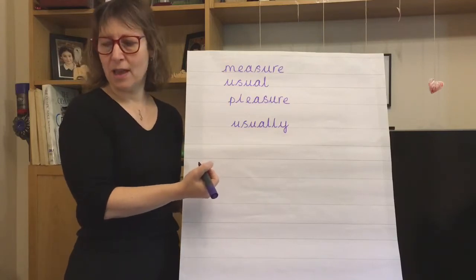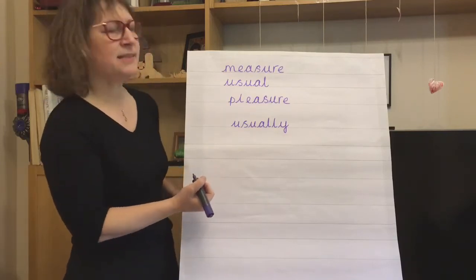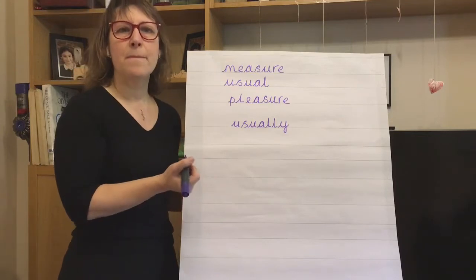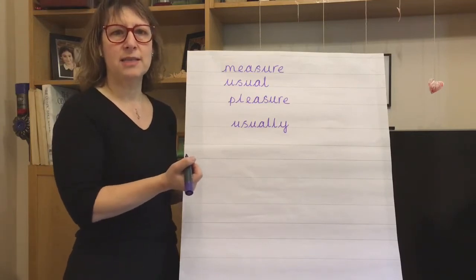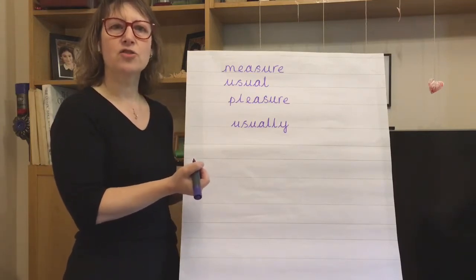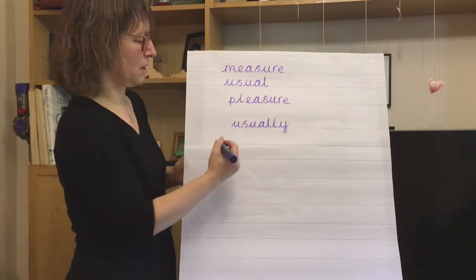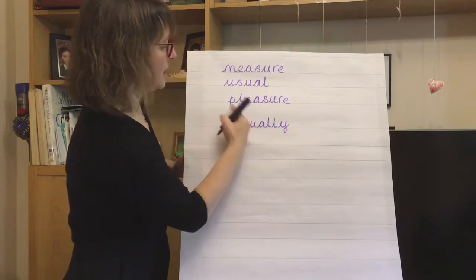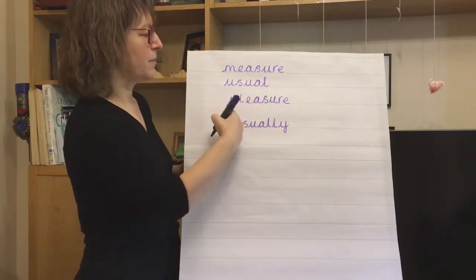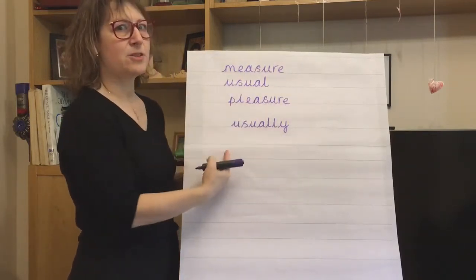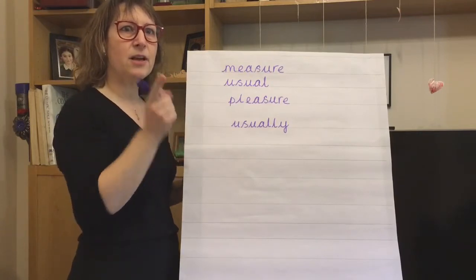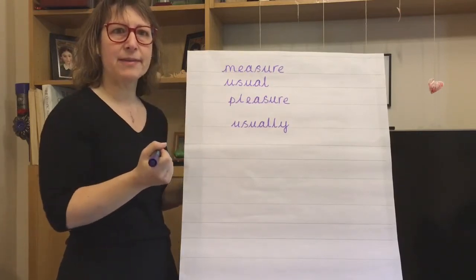Well done. Our next word is treasure. The pirates hid their treasure deep in the sand. Treasure. Now I'm going to cheat and look at my measure and my pleasure and think measure, pleasure, treasure. They all sound the same.